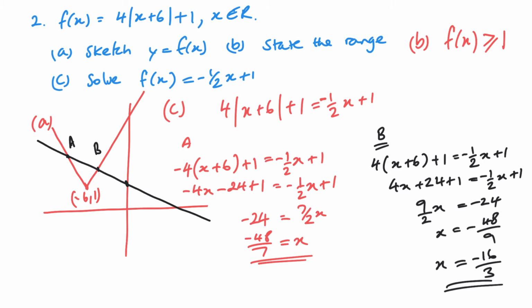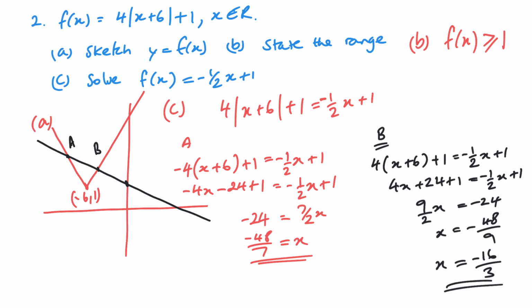And I can substitute these in to check. Now, the reason I did that little extra bit on the sketch is so that I could see whether I needed 2 answers or 1 answer, because sometimes it might only hit this line in one place, and sometimes you might get 2 answers but only one of them's correct.